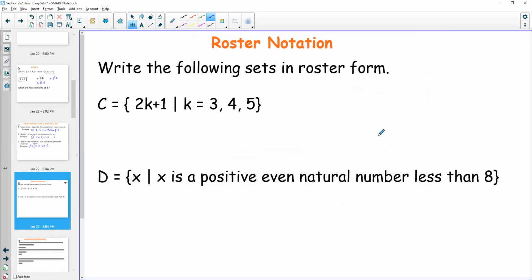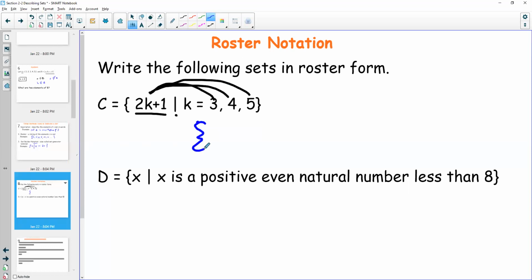This one, if we read set C, it says C is 2k plus 1, where k is equal to 3, 4, or 5. So now to figure this out, I just need to put 3, 4, and 5 in for k. So I'm going to make my bracket. Apologies. All right, so now make a better bracket.